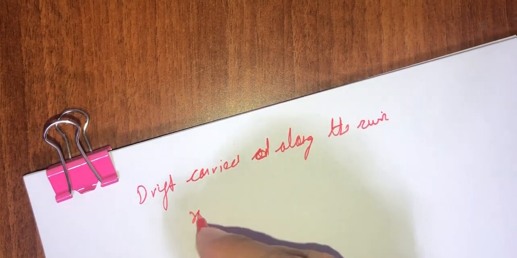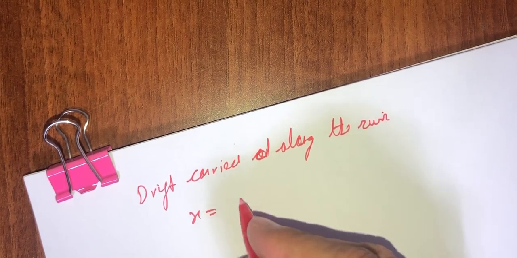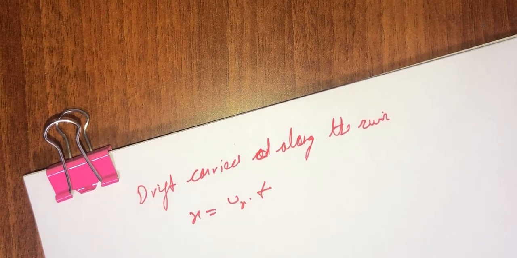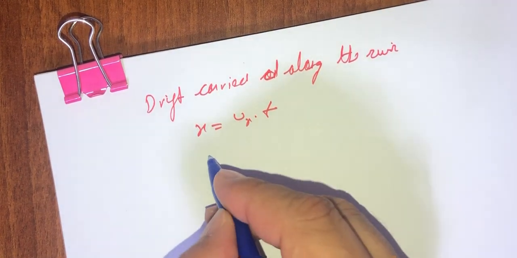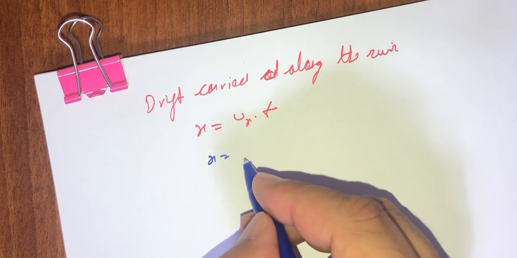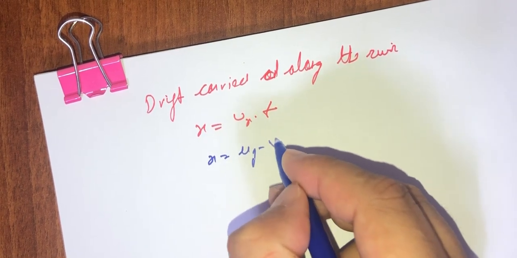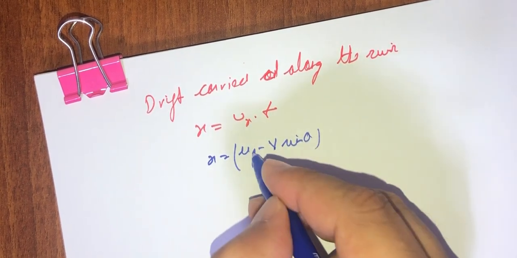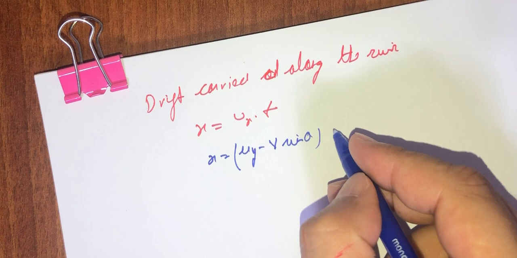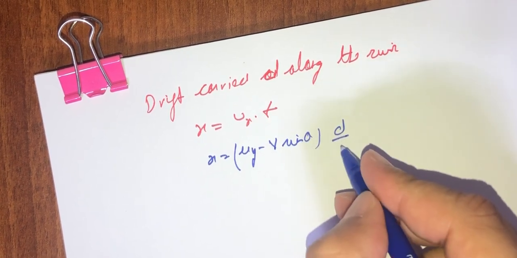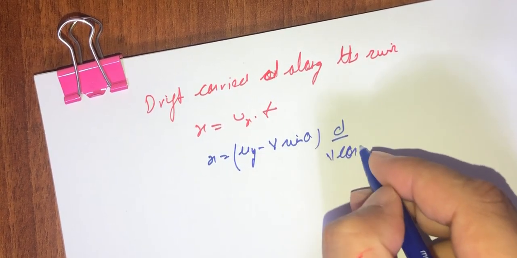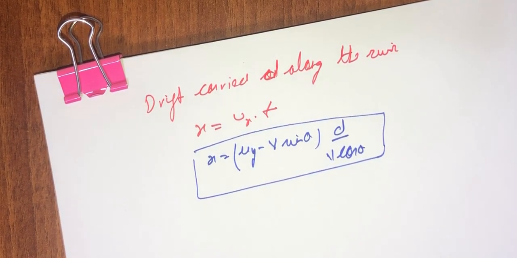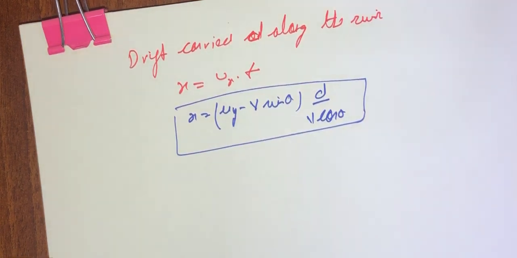It will be given as x is equal to Vx multiplied by time t, and we already know Vx, so x is equal to UF minus V sine of theta, and t we already found out, that is D divided by V cos of theta. This is the drift.